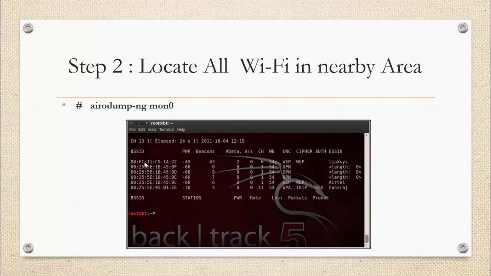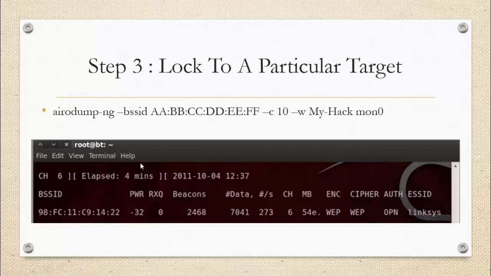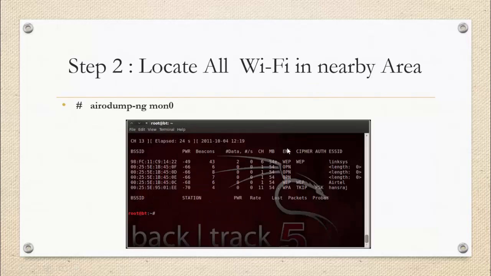to that particular device. In order to do that, we use airodump-ng --bssid followed by the MAC address of the access point running WEP protocol. -c is the channel number. You can see the channel number here, which is 6.